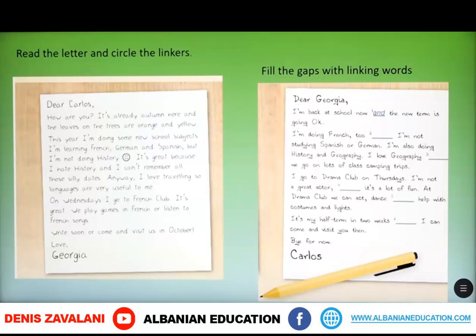Anyway, I love traveling, so languages are very useful to me. On Wednesday, I go to French club. It's great. We play games in French or listen to French songs. Write soon or come and visit us in October. Love, Georgia.